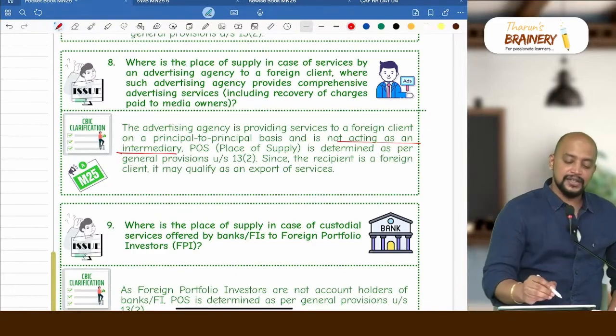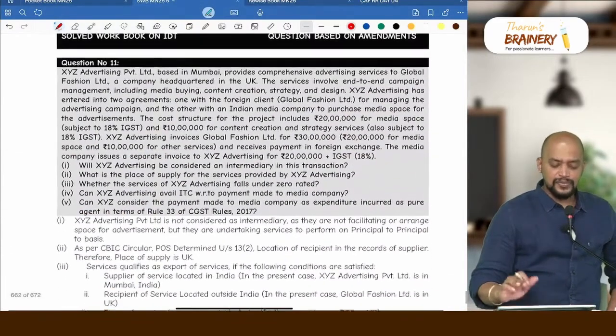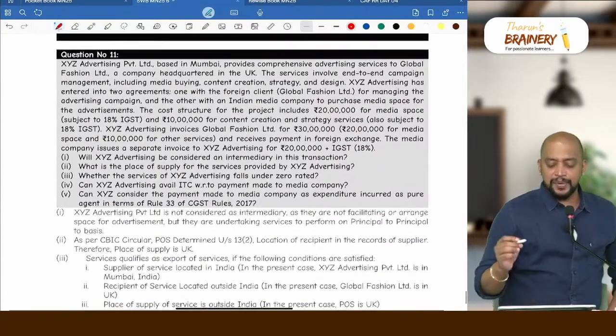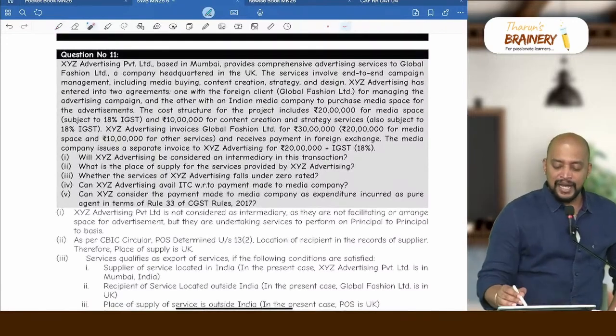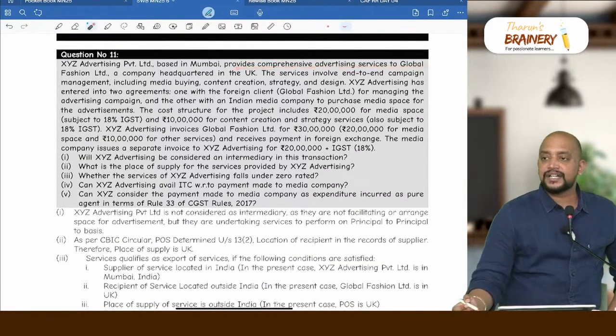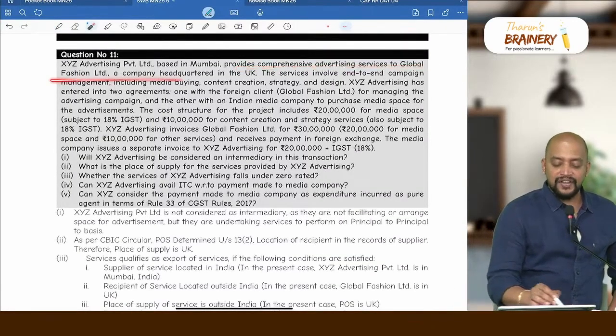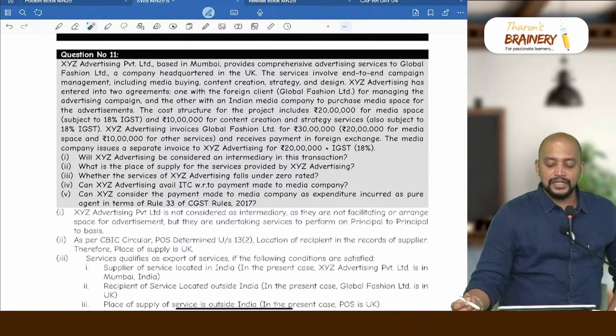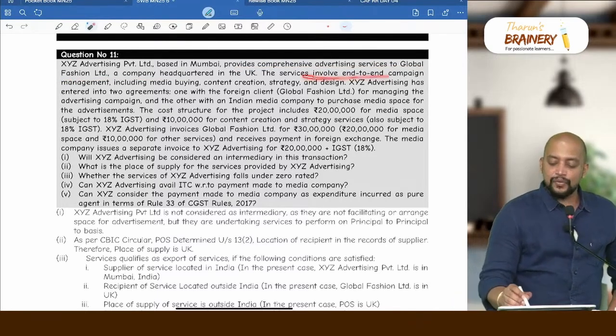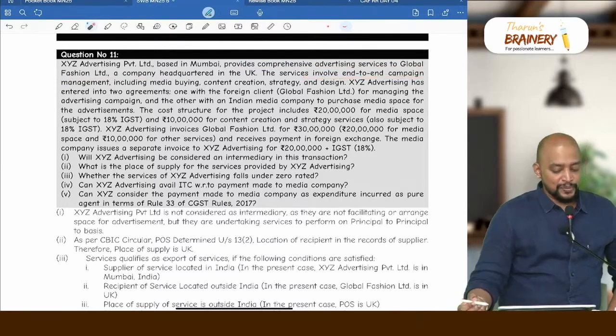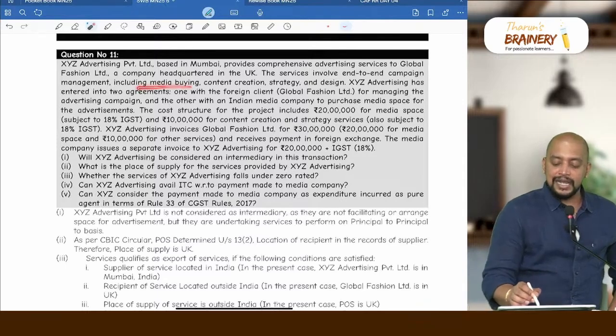So another question. XYZ Advertising Private Limited based in Mumbai provides comprehensive advertising services to Global Fashion Limited, a company headquartered in the UK. The service involves end-to-end campaign management including media buying, content creation, strategy and design.